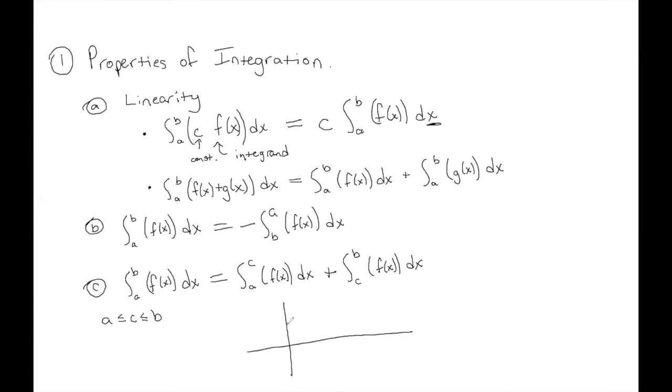Let's say I have this function here, and let's say my a is here and my b is here. So I'm looking at calculating this area. Well, if I pick a c which is in between a and b, let's say right here, it doesn't have to be directly in the middle. It could be really close to a, could be really close to b.